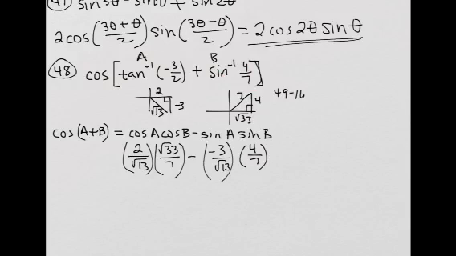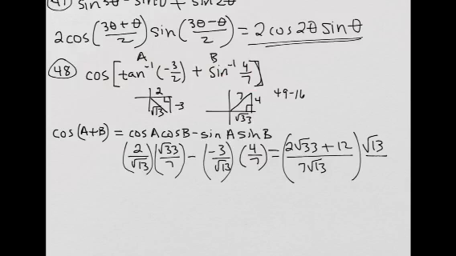Okay, simplify this and you get 2 radical 33 plus, because you have two negatives, 12 over 7 radical 13. So I'm going to rationalize this by multiplying top and bottom by radical 13. I don't have to use the 7 because that's not in a radical, so you can leave the 7 as is. So we distribute here.